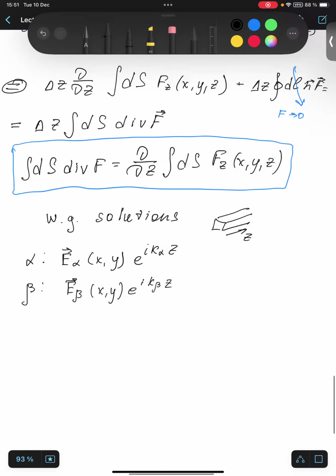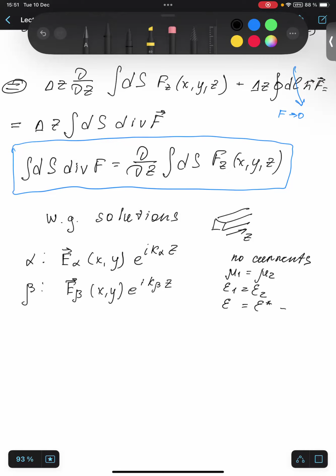So now let's also do some simplifications. We say we have no current, also mu1, mu2, epsilon1, epsilon2, and also epsilon equal to epsilon conjugated.